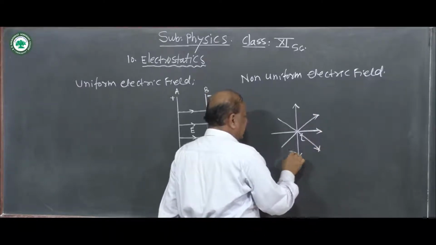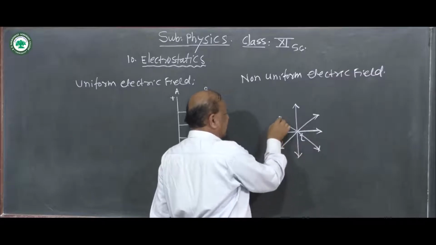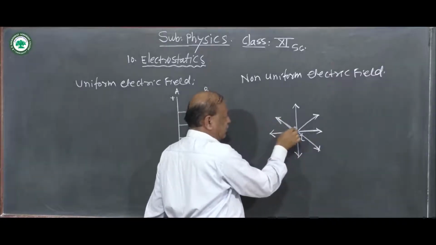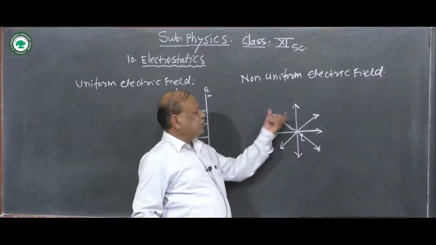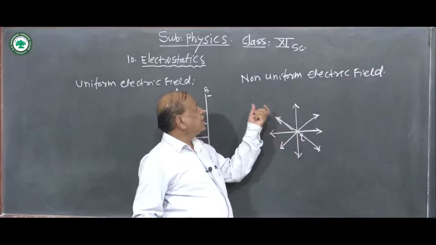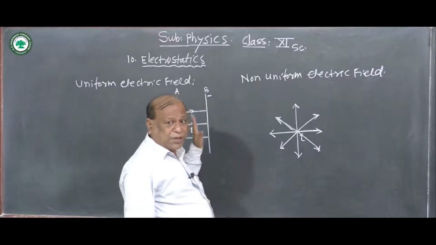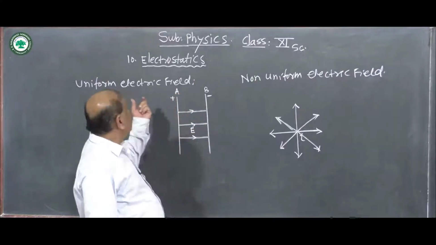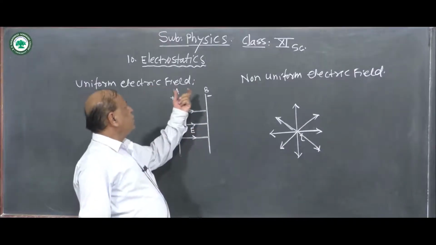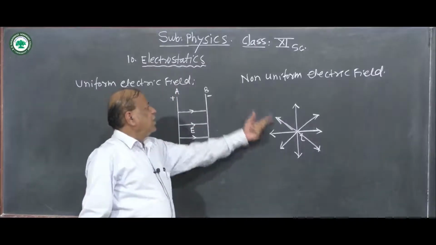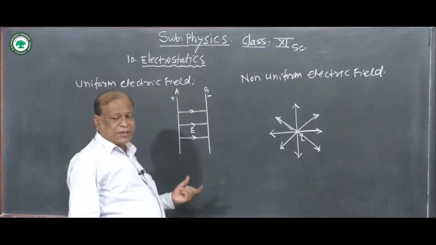It can be directed anywhere, and this type of electric field is called a non-uniform electric field. Understand this simple concept of non-uniform and uniform electric field.